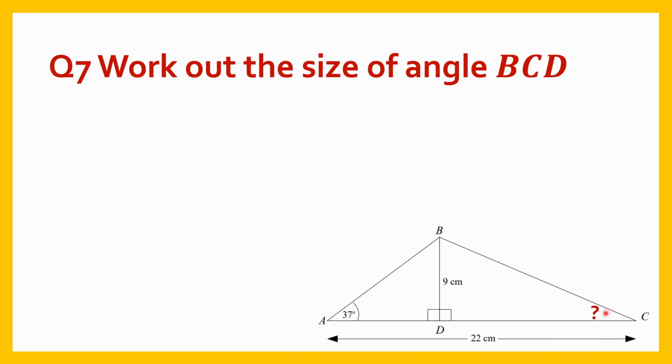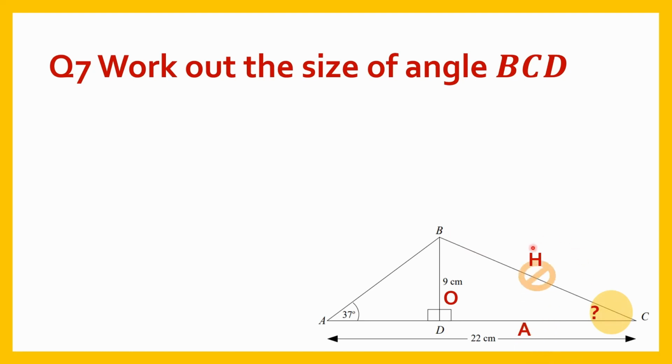So angle C is what we're looking for, so let's look at what values we were given. For angle C, 9 centimeters is the opposite side. Side CD is the adjacent. CD or DC makes no difference, it's the adjacent side of angle C. The hypotenuse is side BC.